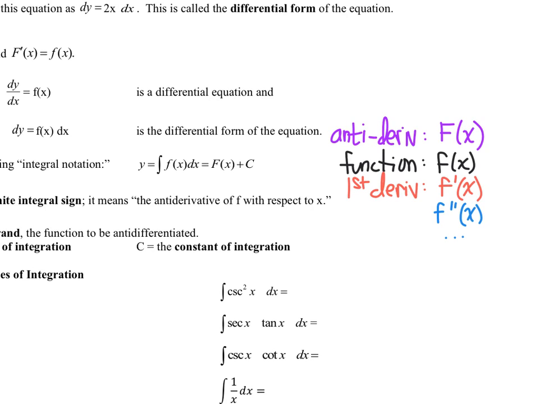We don't say things like the second antiderivative. You can take the antiderivative of an antiderivative. The issue is every time you take the antiderivative, you're going to introduce a constant C. Generally, before you take an antiderivative again, you would want to flesh out what that constant C is.